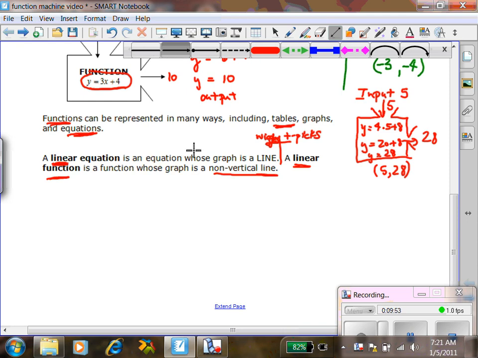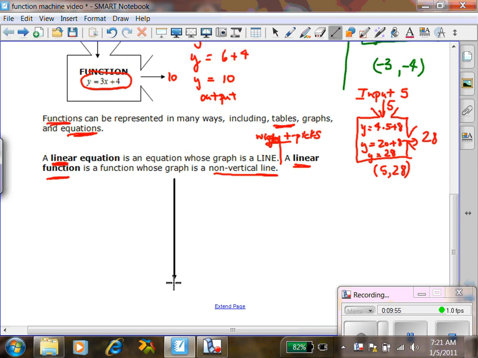I don't have all my arrows here, but this vertical line right here is not a function. And this is the only type of line that is not, because it's a vertical line. Vertical lines are the only exception here. Vertical lines are not functions. So they have to go straight up and down to not be a function.